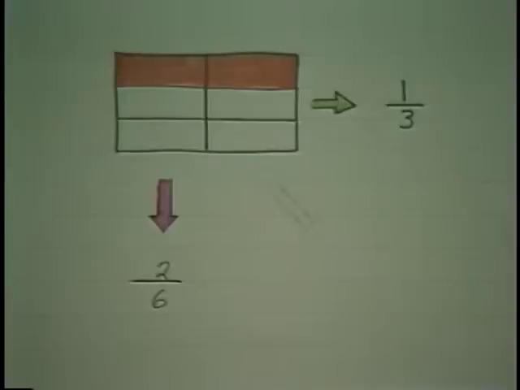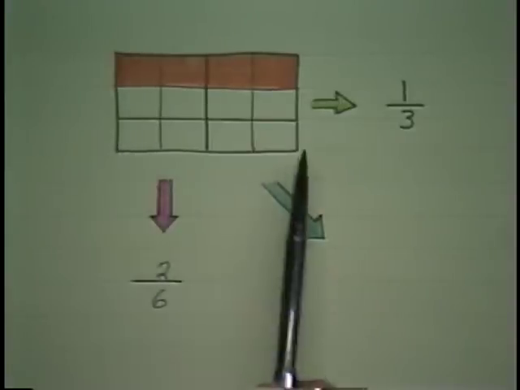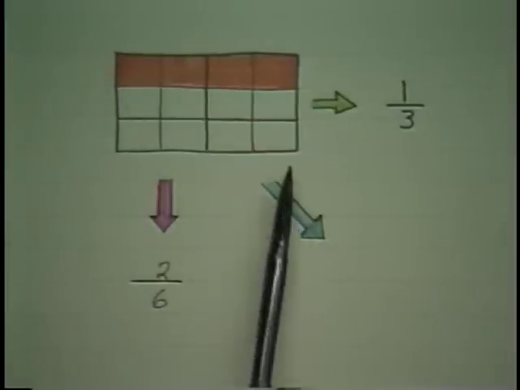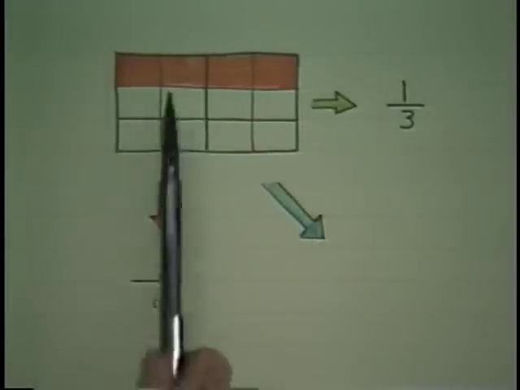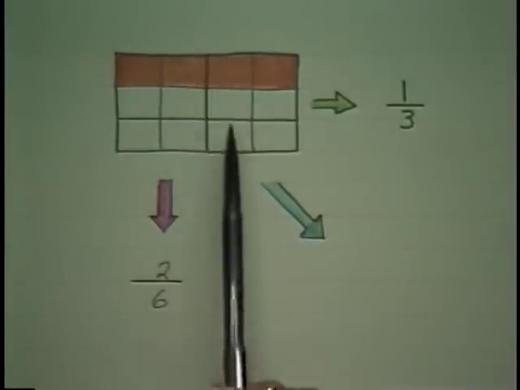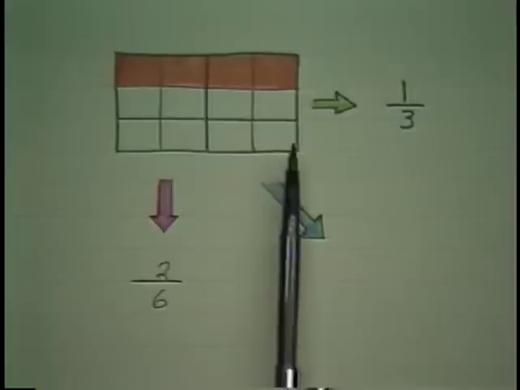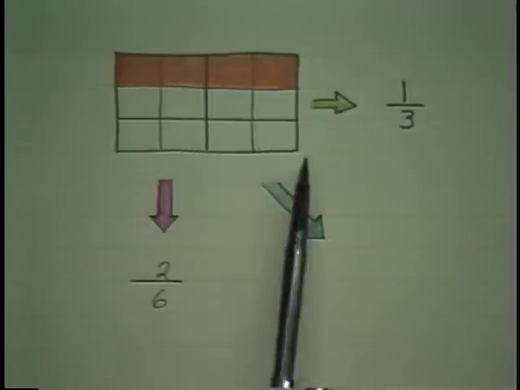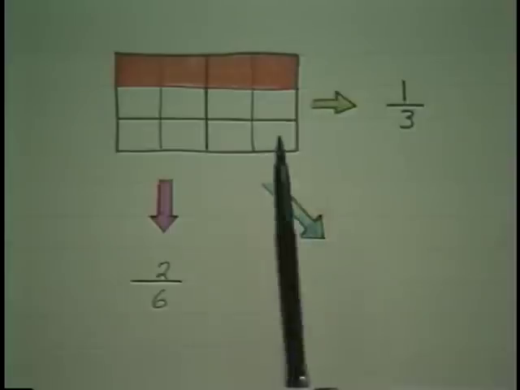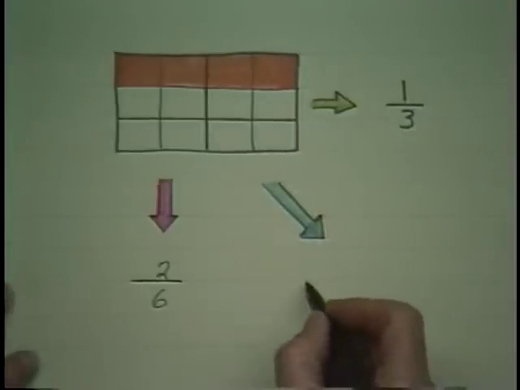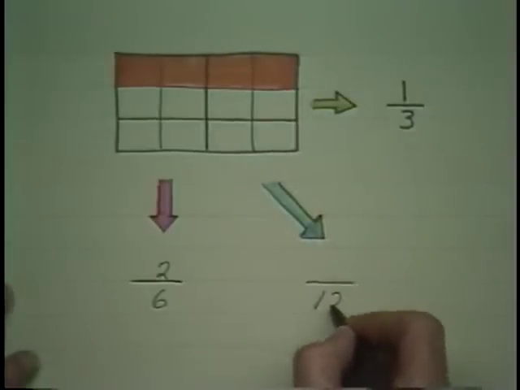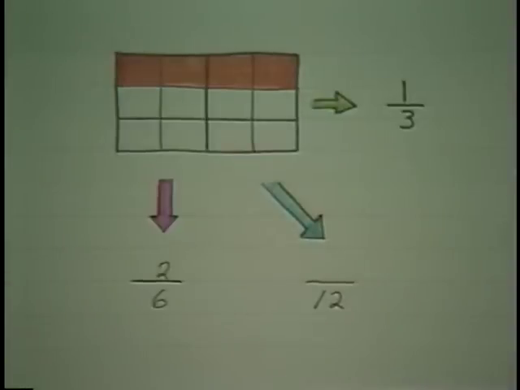Let's try one more. Now we've divided the whole into many smaller parts. 3, 6, 9, 12. Can you see that I'm counting in multiples? So now we've divided the whole into 12 parts.